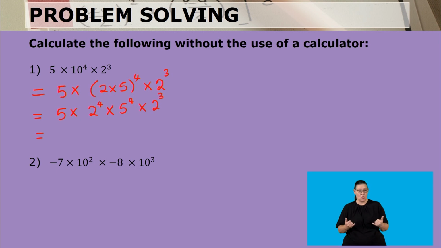Now, do we remember our exponent laws? They say that if we are multiplying powers of the same base, we can add those exponents. So looking at our 5 there, we know that there is an exponent 1, and we are adding that with the exponent 4. Why the exponent 4? Because they have the same base.